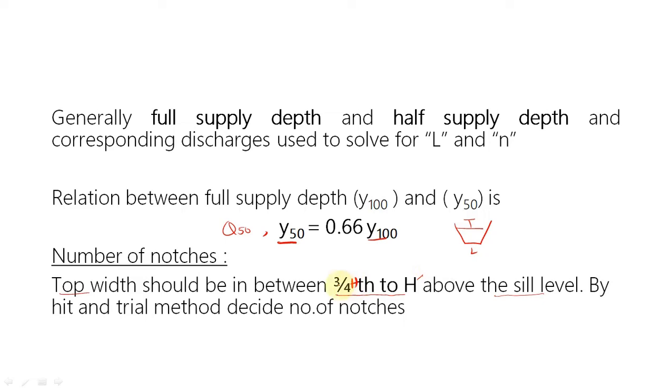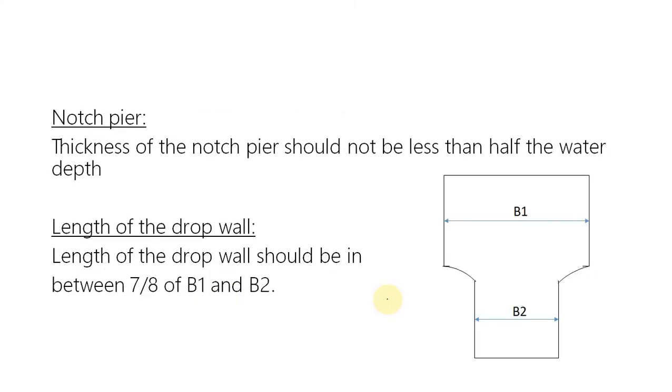Suppose it is less than 3/4 H. Then you have to decrease the number of notches. So like that you can fix the number of notches. By hit and trial method we fix the number of notches such that the top width is in the range of 3/4 H to H.